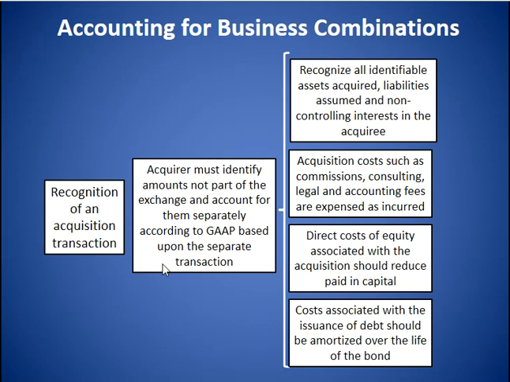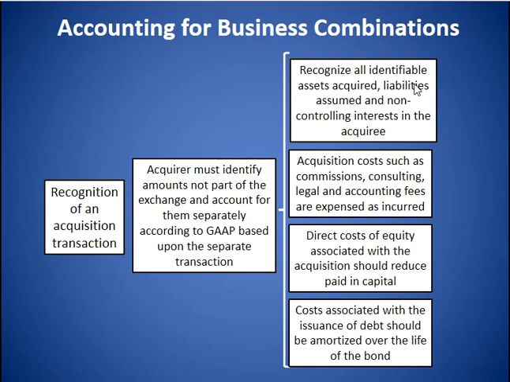Now, the assets and liabilities that we're recognizing must be recognized as part of the consideration transferred for the acquiree. Also, the acquirer must identify any amounts that are not part of the exchange and then account for them according to their nature and the relevant generally accepted accounting principles.